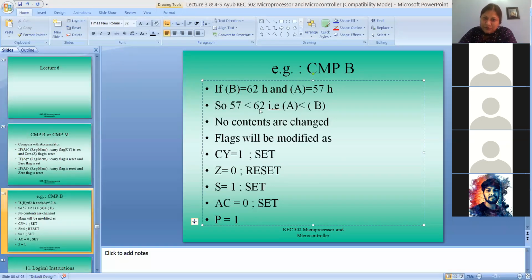So what we do is take the D7 bit and consider it as the sign bit. If it is 0, then you are working from 00 to 7F hex. Understood?